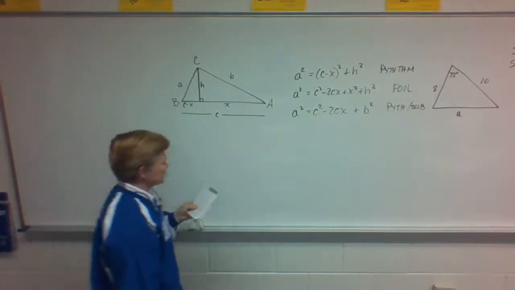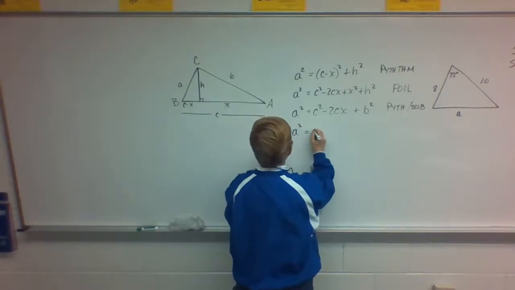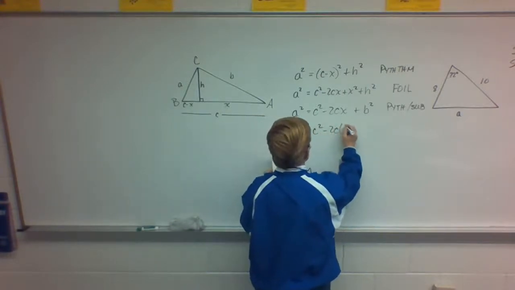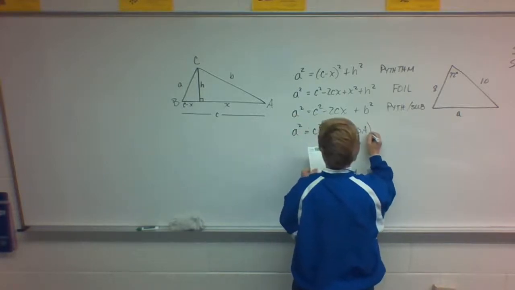Okay, this one's a little tougher. See if you can think about this. a squared equals c squared minus 2c times b cosine A plus b squared.